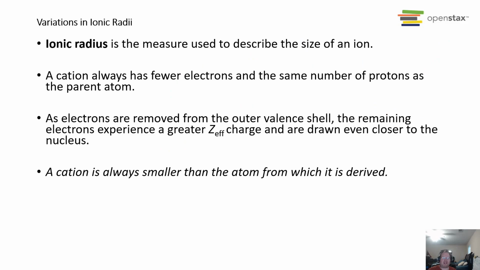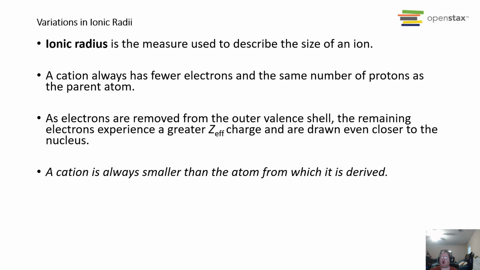So we can also have what's called an ionic radius. This is the size used to describe an ion. So a cation always has fewer electrons and the same number of protons as the parent atom. So if you were to compare sodium to sodium plus, sodium plus has fewer electrons. As electrons are removed from the outer valence shell, the remaining electrons experience a greater effective nuclear charge and are drawn even closer to the nucleus.